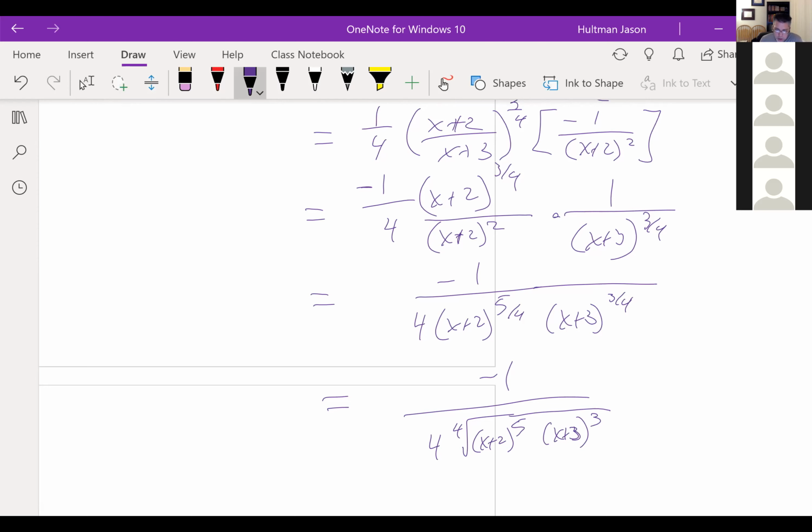Oh, okay. And I can put it all under one fourth root because they're both to the 4th root. And that's it. That's my answer. Well, that's kind of a nice one. Interesting.